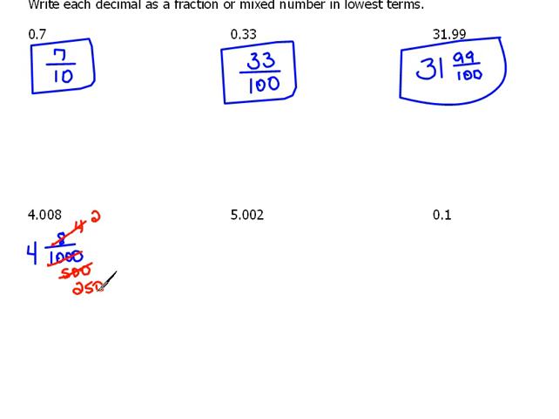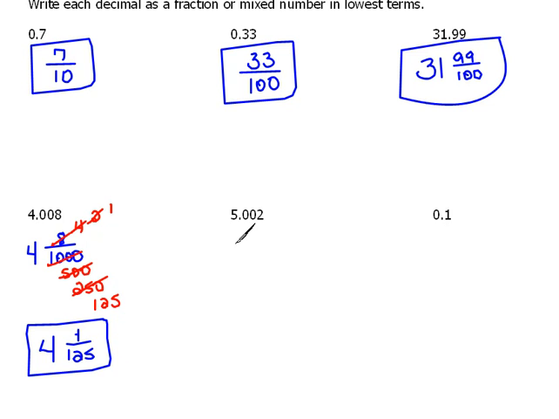And again, we could reduce that down. 2 goes into 2 once, and 2 goes into 250 125 times. So to write that in fully simplified form, it would be 4 and 1 over 125. We always want to reduce down our fractions as much as possible.